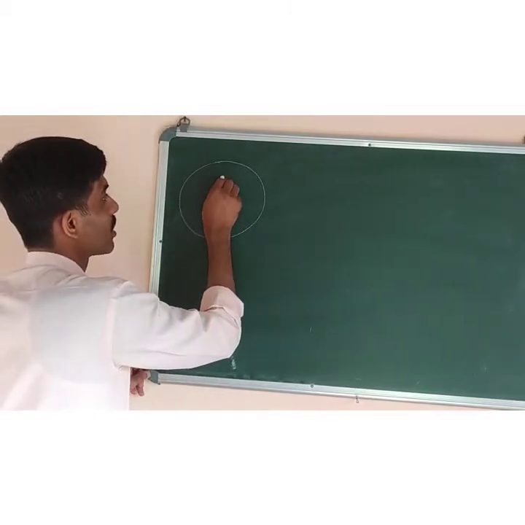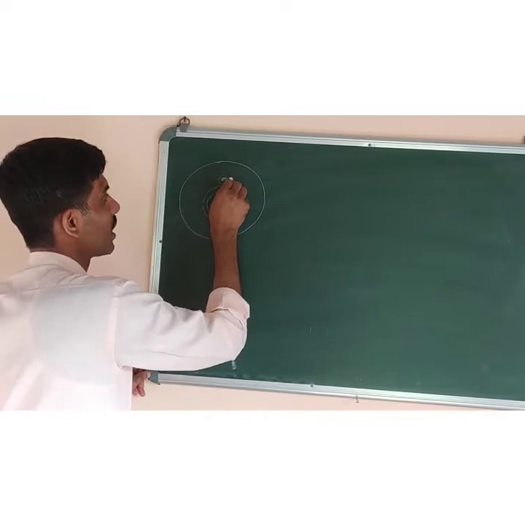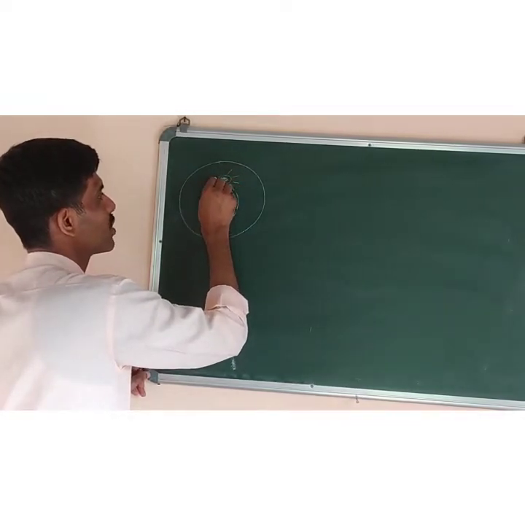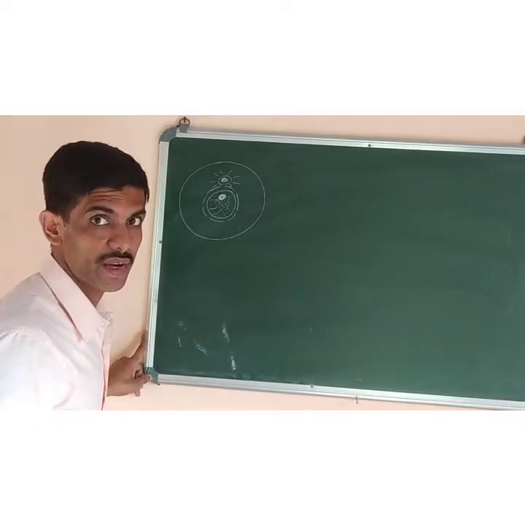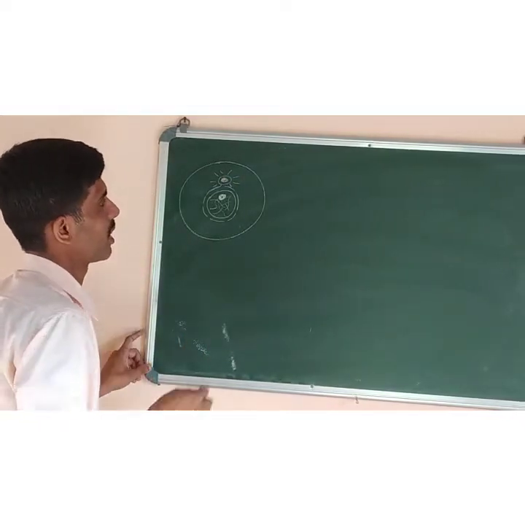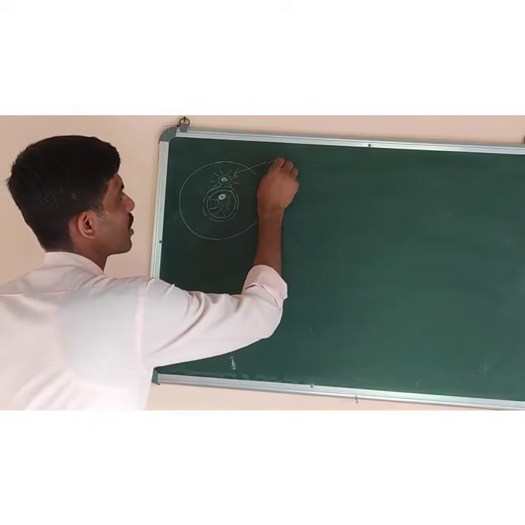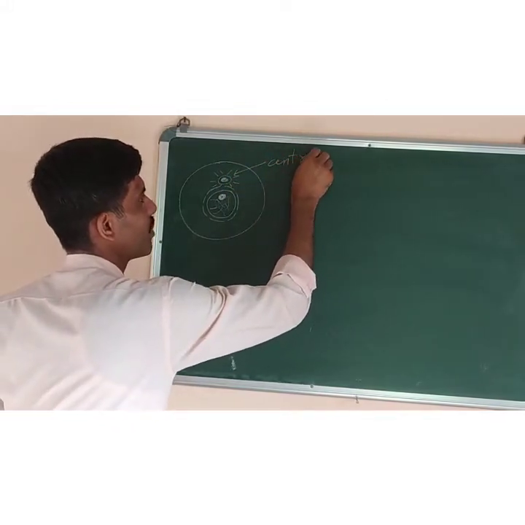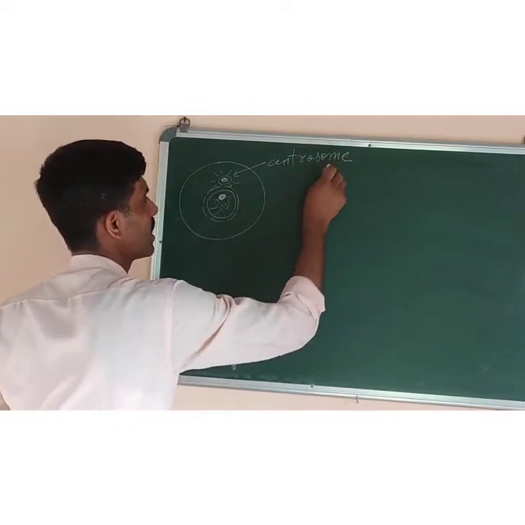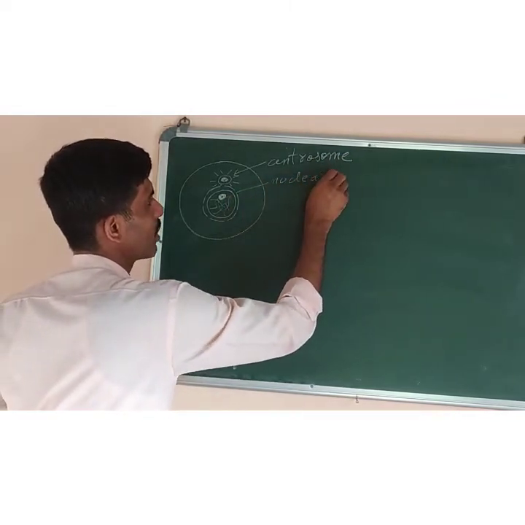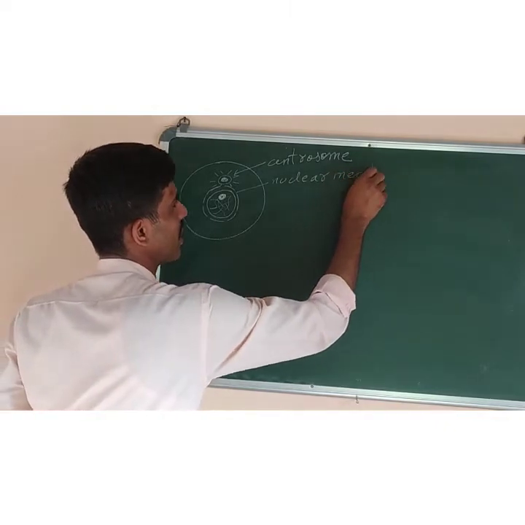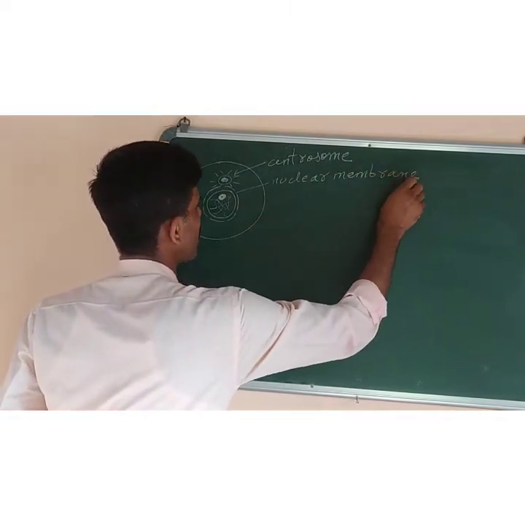So of course, centrosome is also present. Like this I have drawn centrosome with the centroids, with the aster rays, these are called the aster rays, which are radiating from it. Okay. So this one is known as centrosome. It is the characteristic of animal cell only, not found in plant cell. This one is the nuclear membrane. See, I am trying to draw the diagram clearly so that you can learn and practice for your exam also.